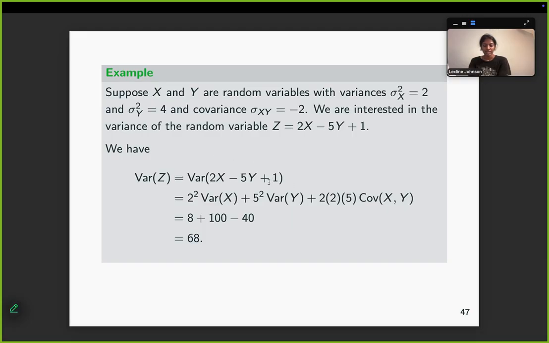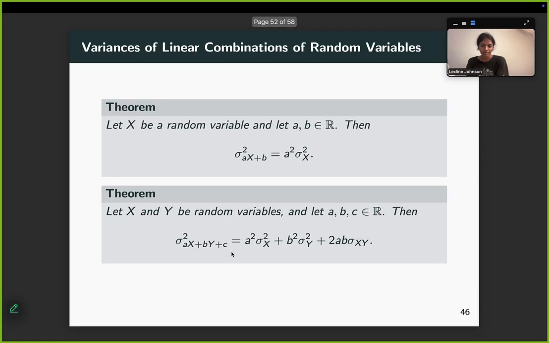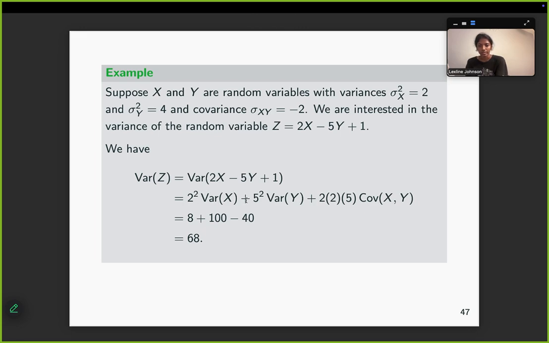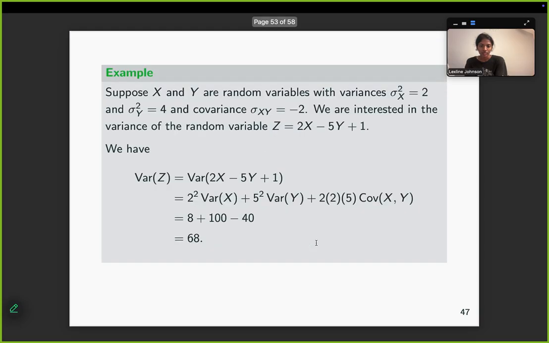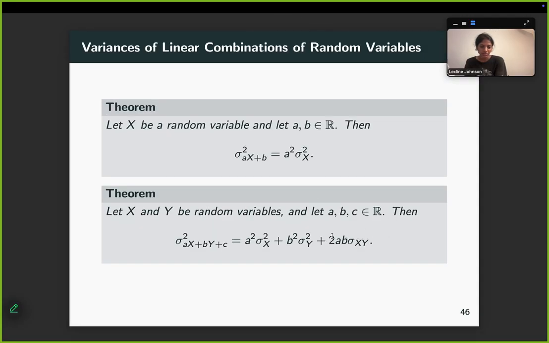And then we can use our formula from previously, where our variance of 2x would just be 2 squared times our variance of x. So this is exactly from back here, a squared, where a is 2, so we have 2 squared times our variance of x, and then we have b squared times our variance of y, and over here we have 5 squared times our variance of y, and then we have our 2 times a times b times our covariance of x and y.